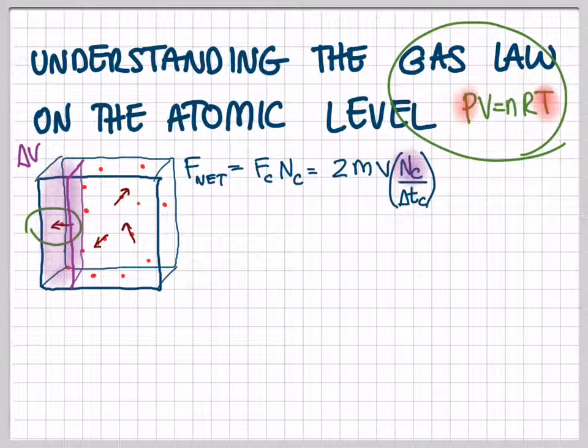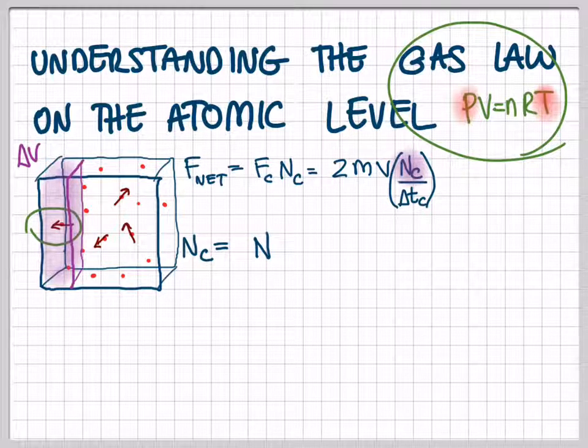So one thing we can say, as an approximation of the number of collisions we could expect against the left wall, is that the number of collisions must be equal to the total number of molecules in the gas times some ratio of the small volume of molecules that are close enough to the left wall to actually potentially hit it, compared to all the rest of the volume, where many of those molecules are much too far from the left wall to ever participate in a collision.